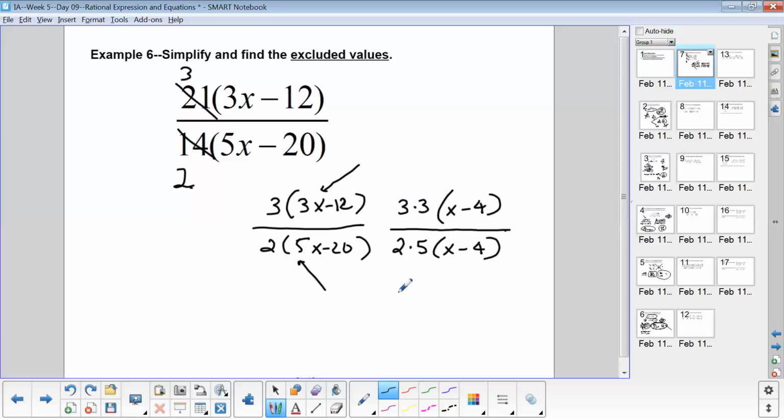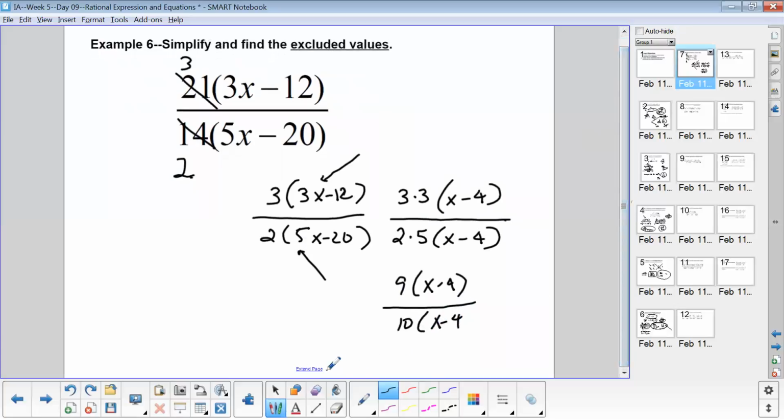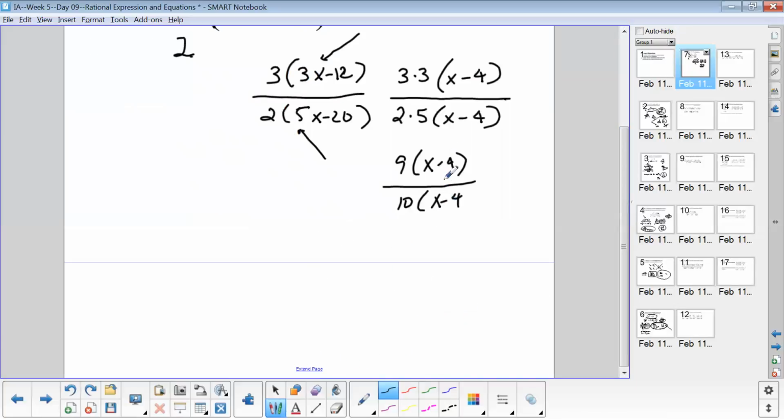So this is going to be 9 times x minus 4 and 10 times x minus 4. Now, before I divide these out, which they will, I want to think, can I simplify 9/10 anymore? And I cannot.